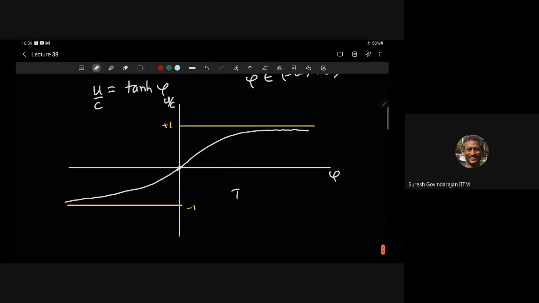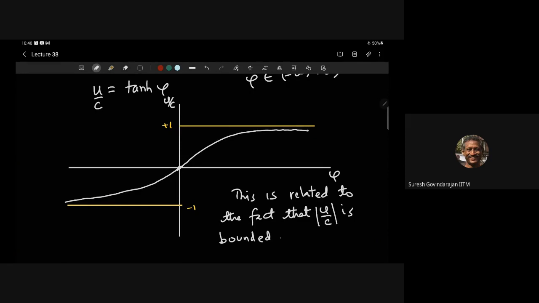This is related to the fact that u by c is bounded by 1. It can never exceed the speed of light. Is this clear? This is a very, very interesting consequence.